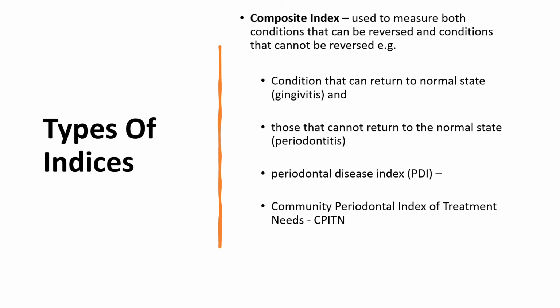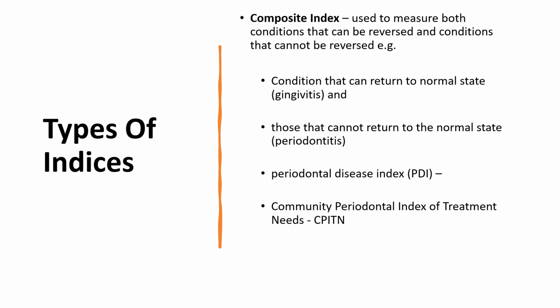So in this case, you have the community periodontal index of treatment needs, which is calibrated from 0.5 up to 6 millimeters and above. So 0.5 to 1.0, those are the scores that you would normally get in the case of the reversible stage of periodontal disease.